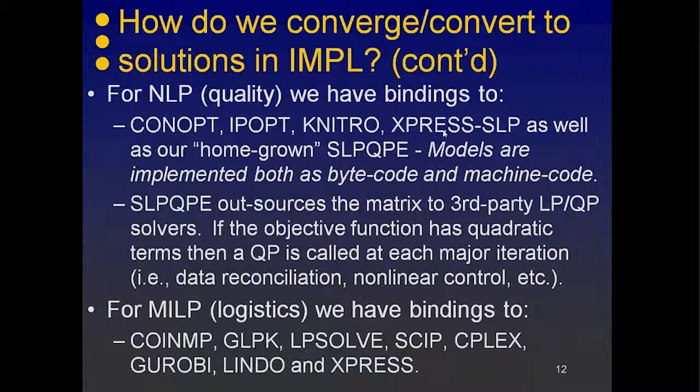A lot of homegrown stuff with PIMS, RPMS, GRTMPS, to do essentially oil refinery planning with distributed recursion, a little bit of SLP, but nothing in a real rigorous way. So FICO has a solver called XPRESS SLP. It's very good. We also have our own SLP, but we also will include a QP if there are some quadratic objective function terms, which is very typical you find in data reconciliation and nonlinear control problems. So these are the types of solvers we have.